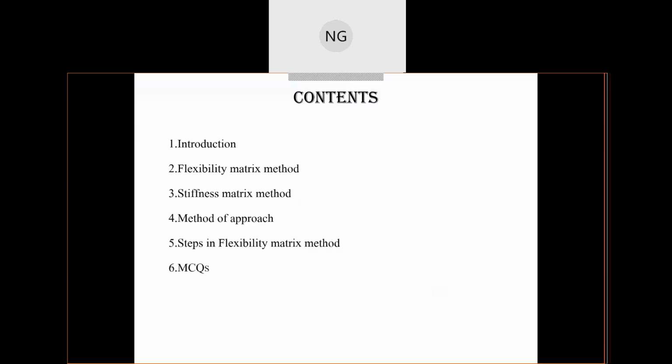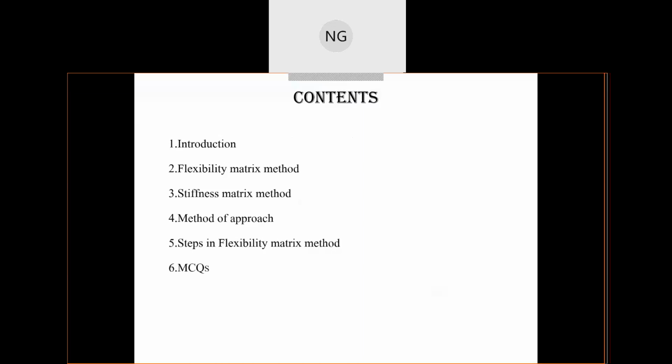Before going to the flexibility matrix method, module 4, let us review the methods we studied in previous sessions: the slope deflection method, the moment distribution method, and also the Kani's method.